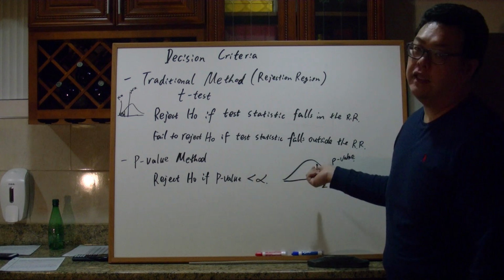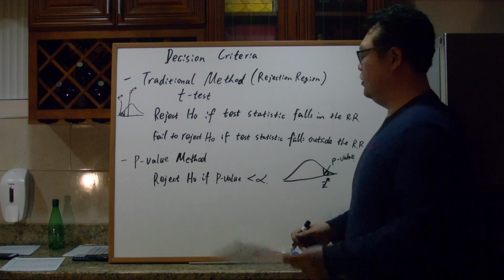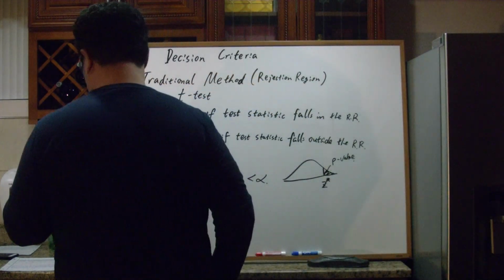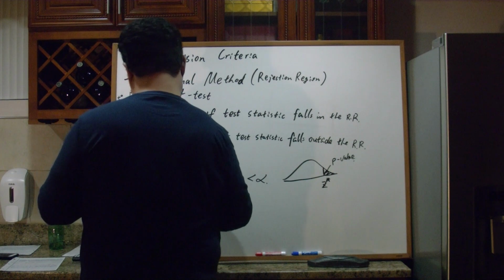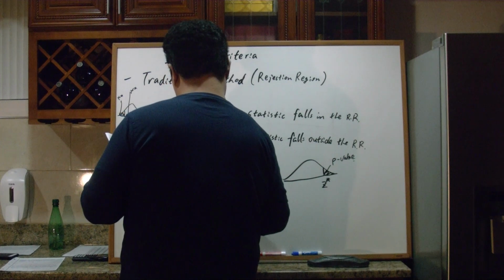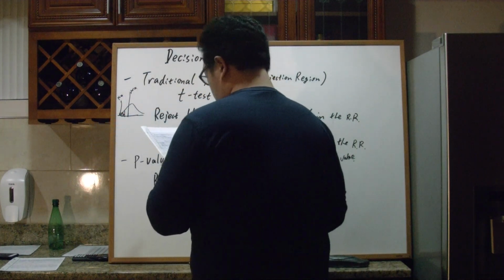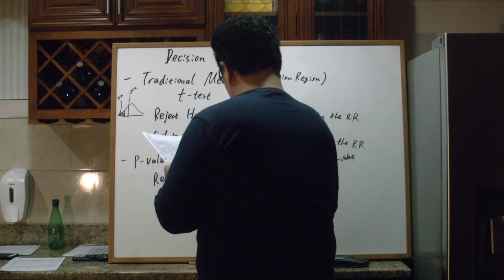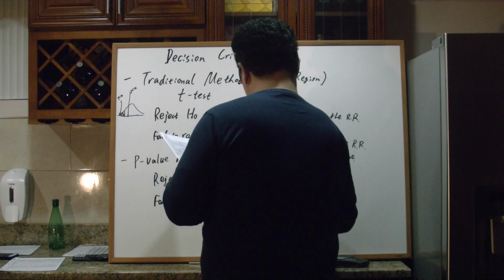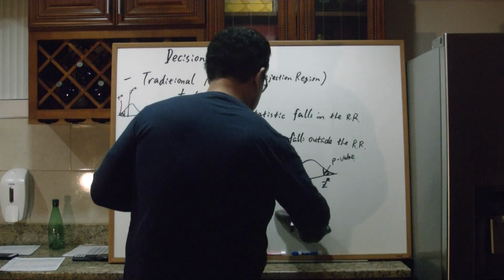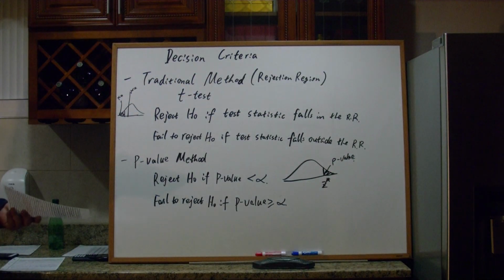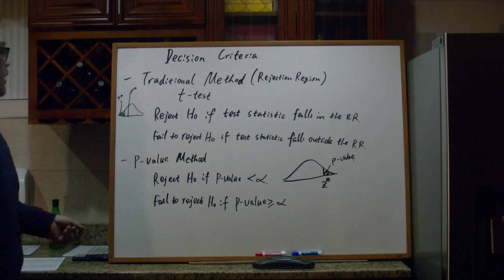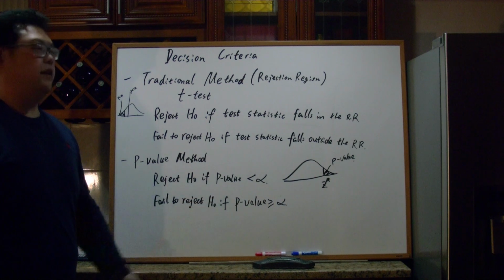If the p-value is smaller than alpha, then we reject the null hypothesis. As we have seen, alpha is usually 0.1, 0.05, or 0.01, and it will be provided in the question. And fail to reject if the p-value is bigger than or equal to alpha.